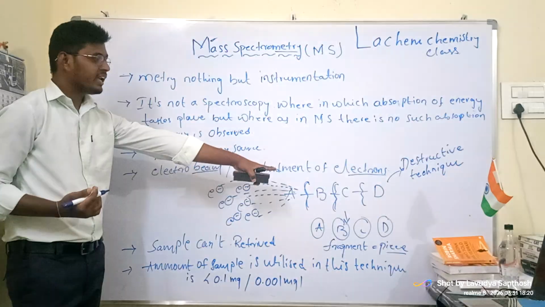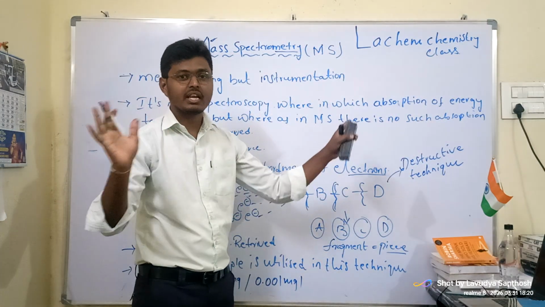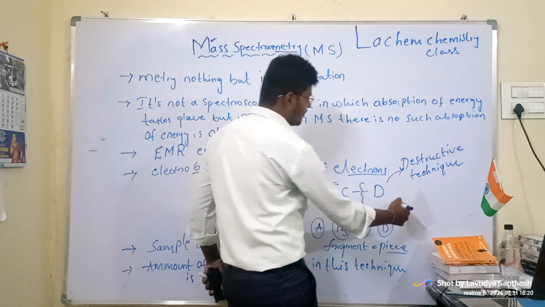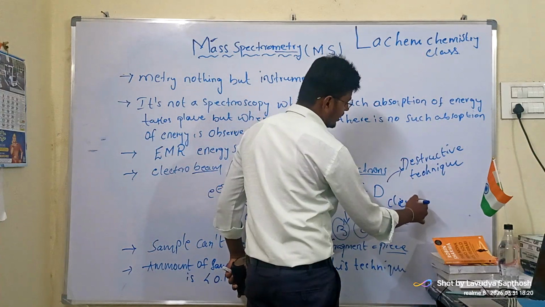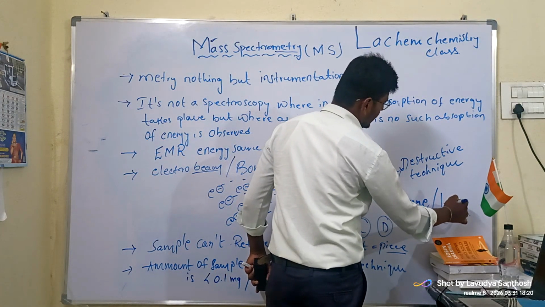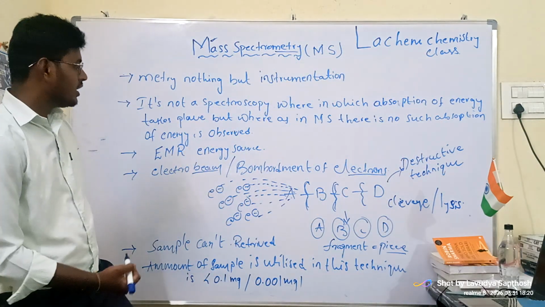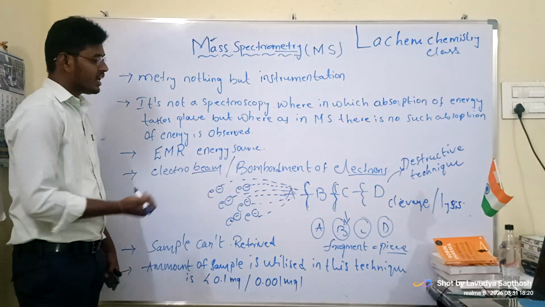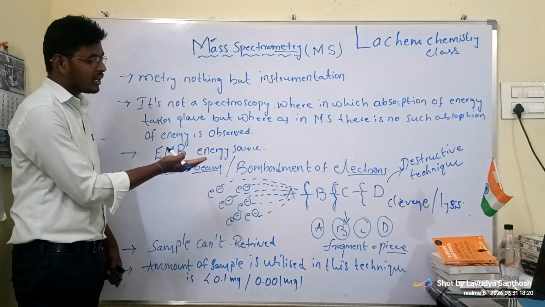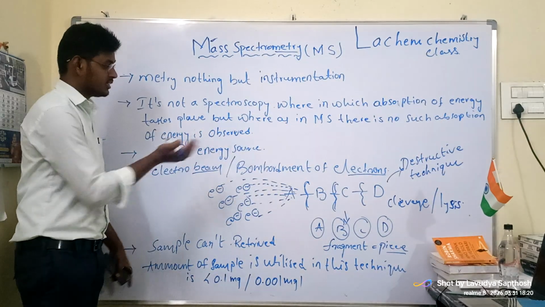Since we are breaking the bond, we are doing lysis, nothing but breakage, cleavage. You are doing cleavage of the molecule, and then you are getting some fragments, and we are studying those fragments. When we assemble all the fragments, we get this.